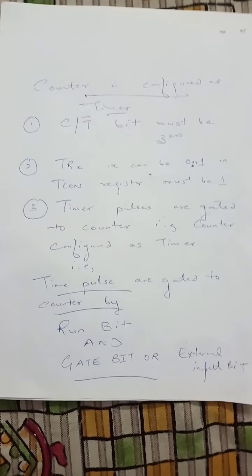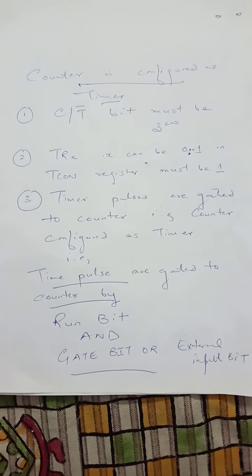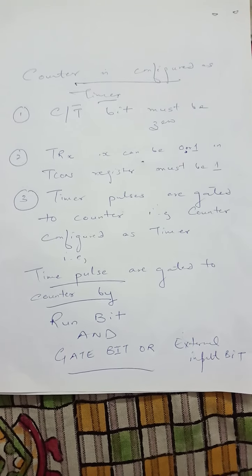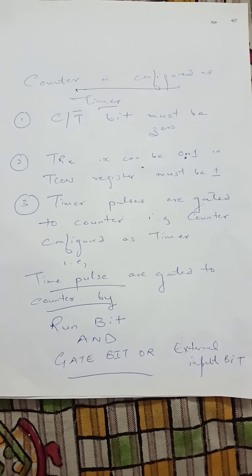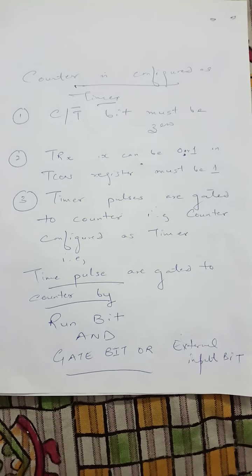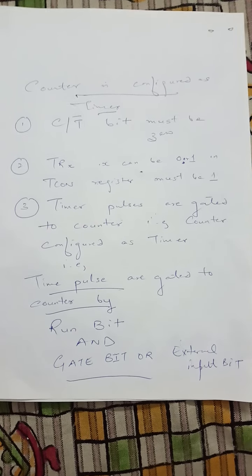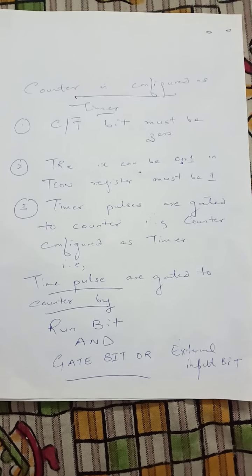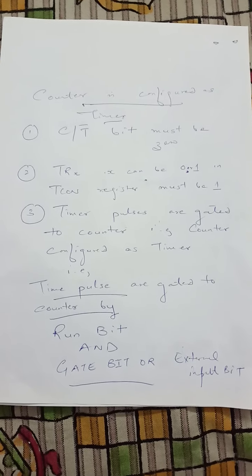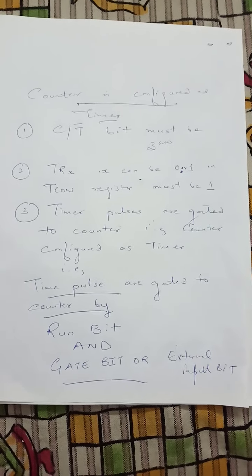So we can conclude a counter can be configured as a timer, or a timer can be used as a counter. If C/T bar bit is set equal to 0, it will be termed as timer, and when C/T bar bit is equal to 1, it is set as counter. The TR bit, where X means 0 or 1 for timer 0 or timer 1 of the TCON register, will decide the movement of the gate.